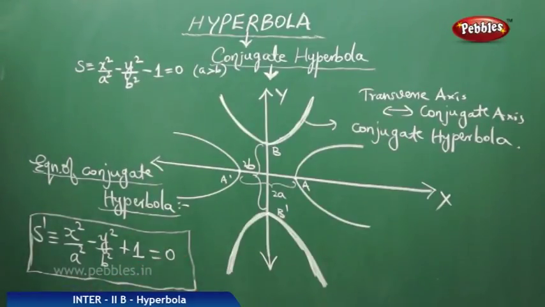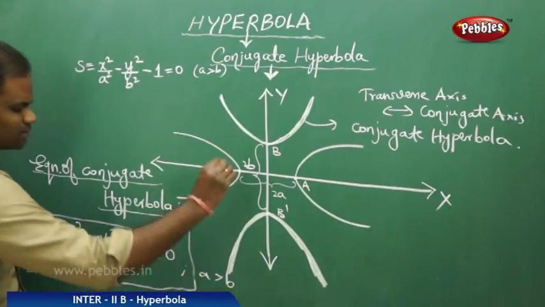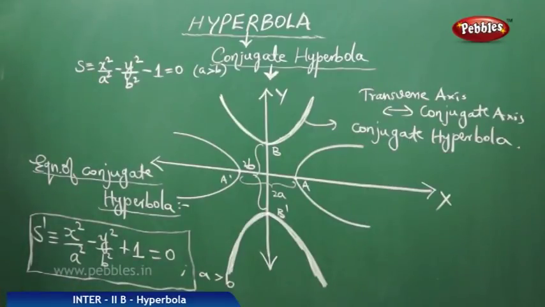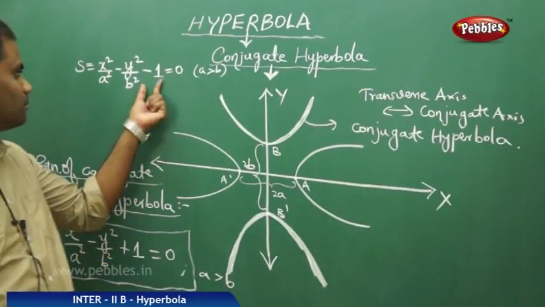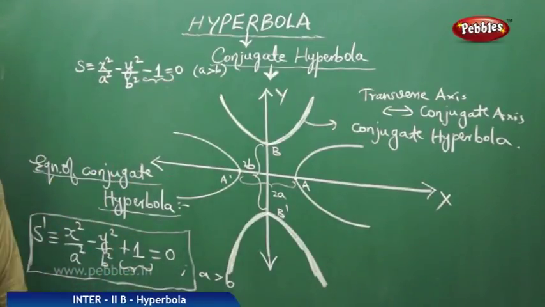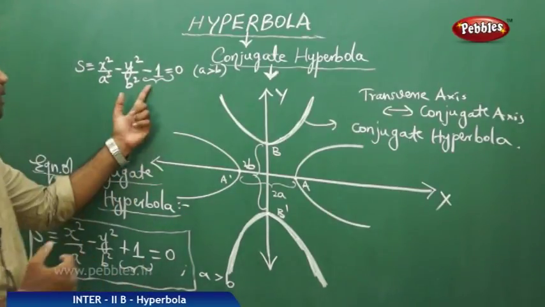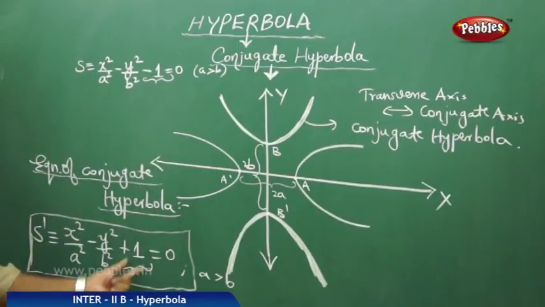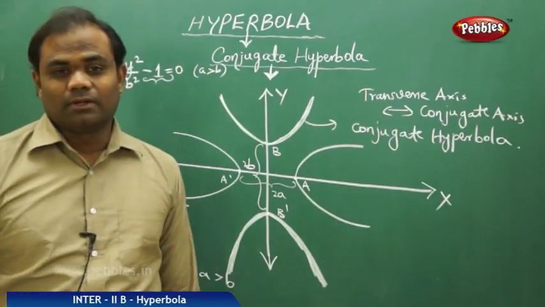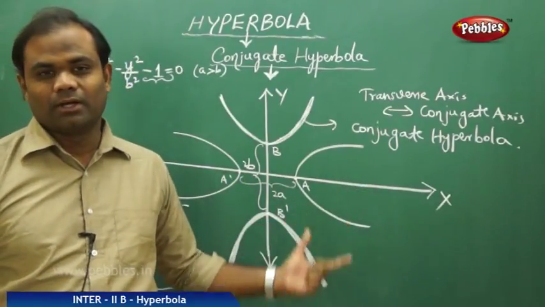This is how I identify the equation of the conjugate hyperbola, which is x squared by a squared minus y squared by b squared plus 1 equal to 0 with a greater than b. So these two hyperbolas differ by minus 1 for the original and plus 1 for the conjugate. So they differ by the sign of the unit 1, minus 1 to plus 1 and plus 1 to minus 1, giving the conjugate hyperbola of the given hyperbola.